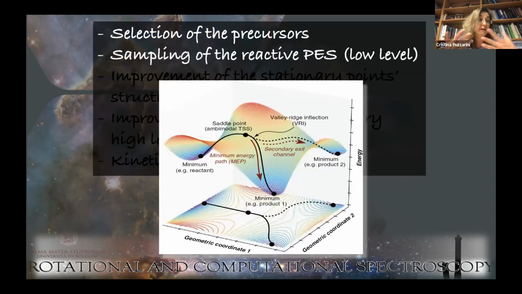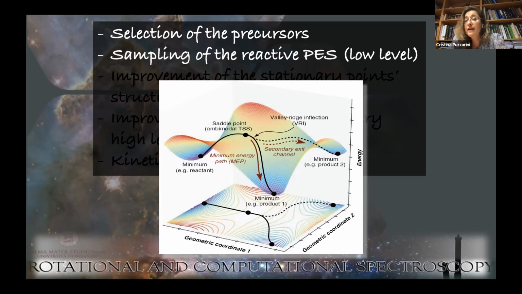Then we moved to sampling the reactive potential energy surface. For doing this, we rely on a really low level of theory, something like a global hybrid density functional in conjunction with a triple zeta basis set, for those that are confident with computational chemistry. We use B3LYP, which is really nice because it's fast. It allows you to get a lot of results really quickly.